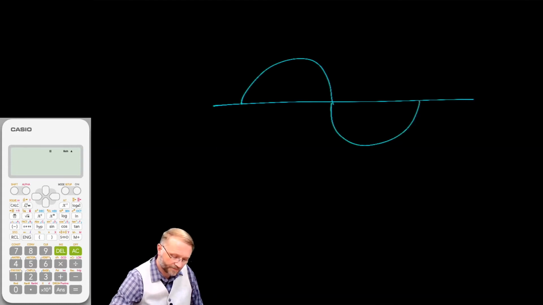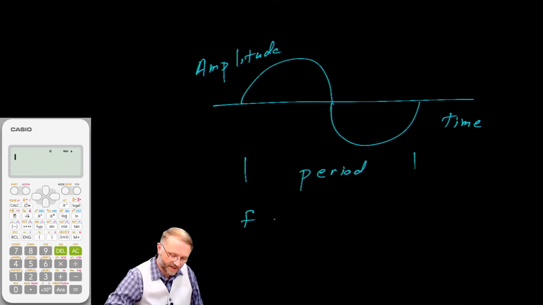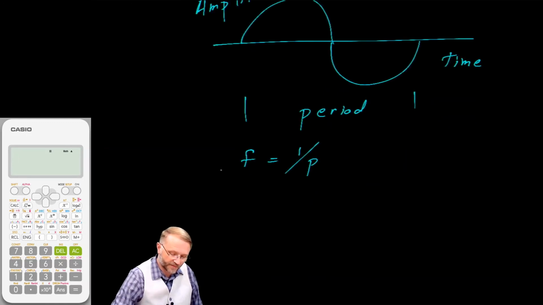Here's some more concepts that you should remember from the electronics class. If you have a sinusoid, we talk about the amplitude as a function of time. From here to here would be defined as a period. So the frequency is equal to 1 over the period, where the frequency is in hertz and the period is in, well, time.